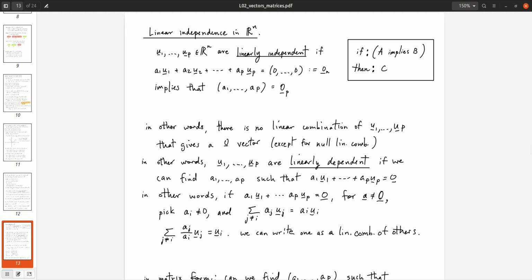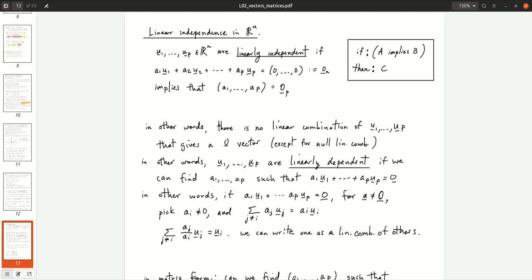Okay, so that's a formal logical definition of what it means to be linearly independent: if the linear combination you take of the u1 to up equals 0, it implies that the a's, the coefficients in the linear combination, have to be 0. So that's the formal definition.